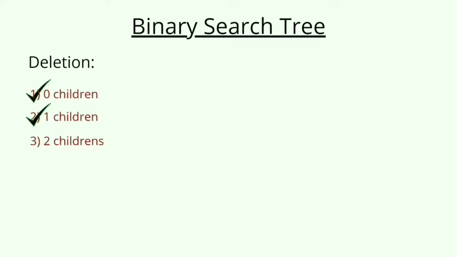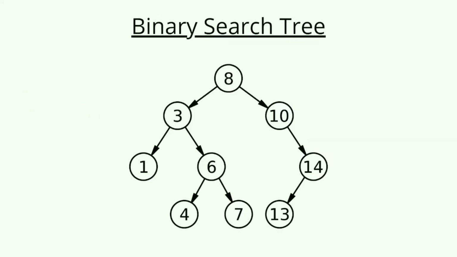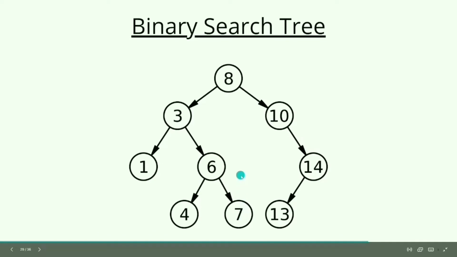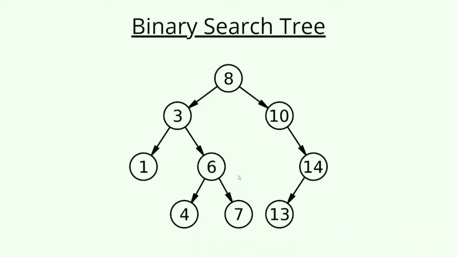Now the third case is node with two children. So let's suppose you are given a binary search tree like this, and you have to delete a node which has two children. So here, let's say if we want to remove this 6 node, and this node has two children, 4 and 7. So here how we can delete the node?